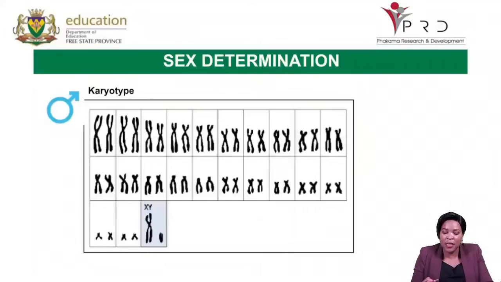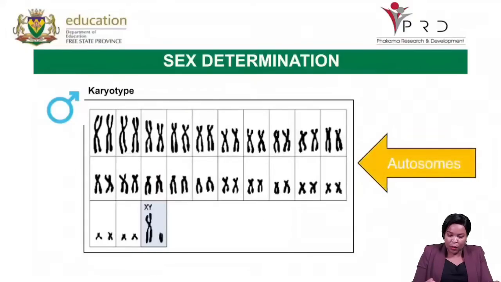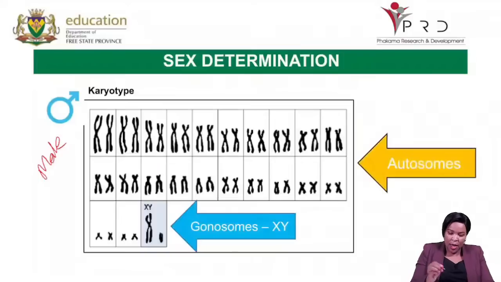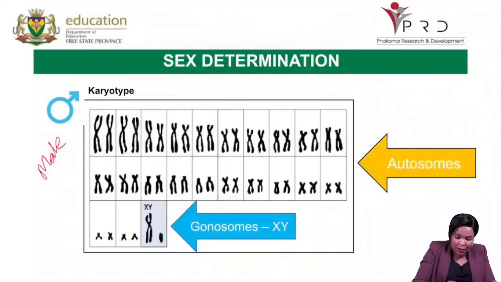And then sex determination. This is a karyotype of a male. When you see this sign, you must know this is a male. Then all of these chromosomes from number 1, we can match them.